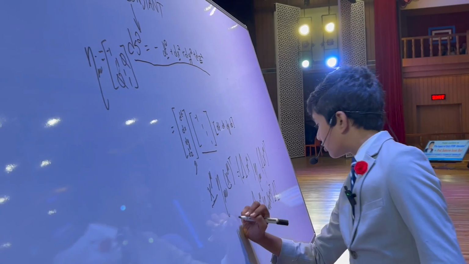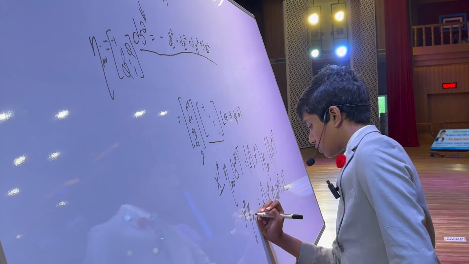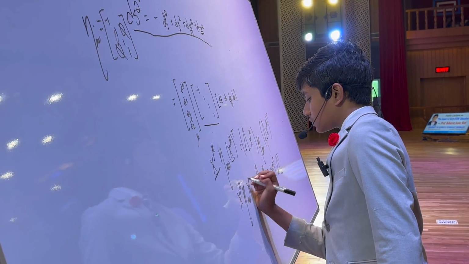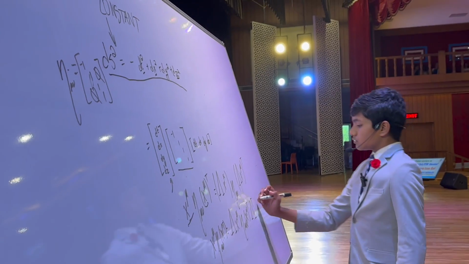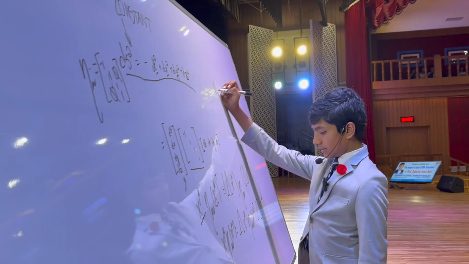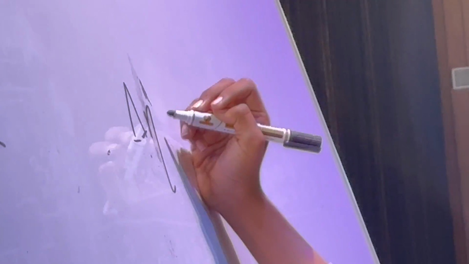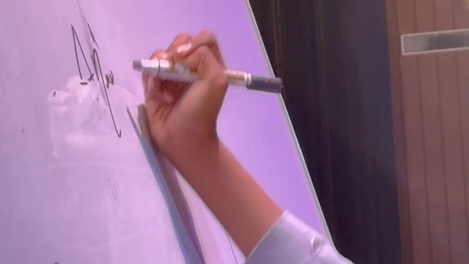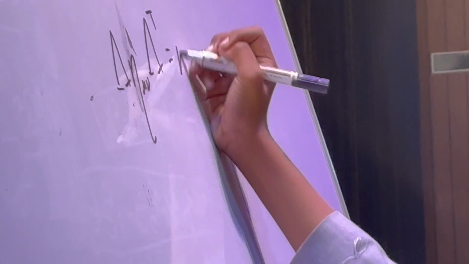And this has to be equal to the normal format, because everything has to be conserved, which leaves us with the special equation that the Lorentz transform times the Minkowski metric times the Lorentz transpose has to be equal to this.